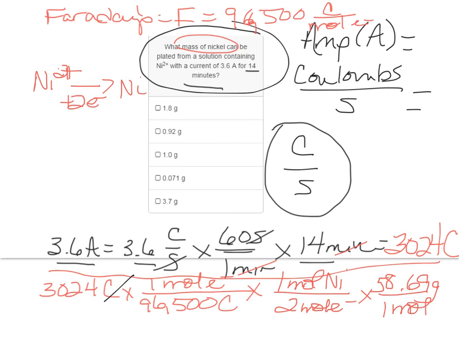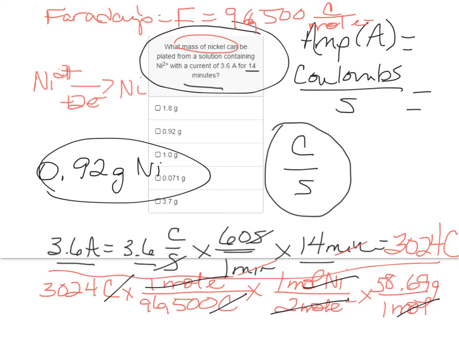So now, just make sure all my units cancel. There we go. And doing the math, let's see how many grams of nickel we can make. Doing all that math, I get that I can make 0.92 grams of nickel. And so here we go. There is the correct answer. And that is it for this quiz.